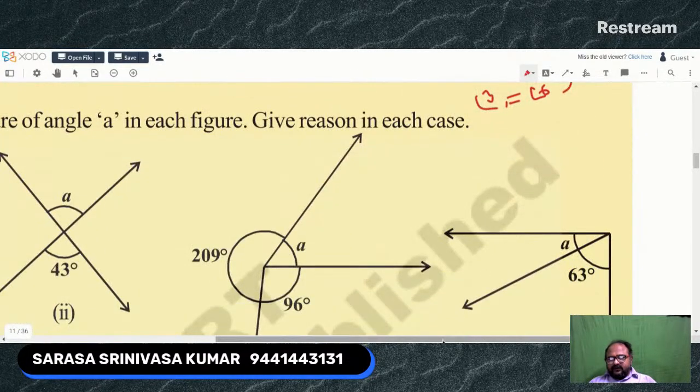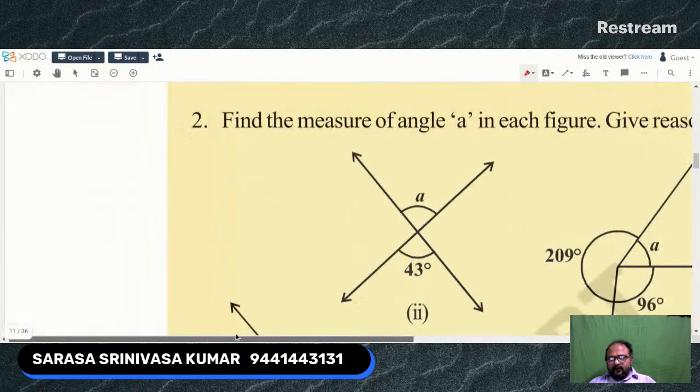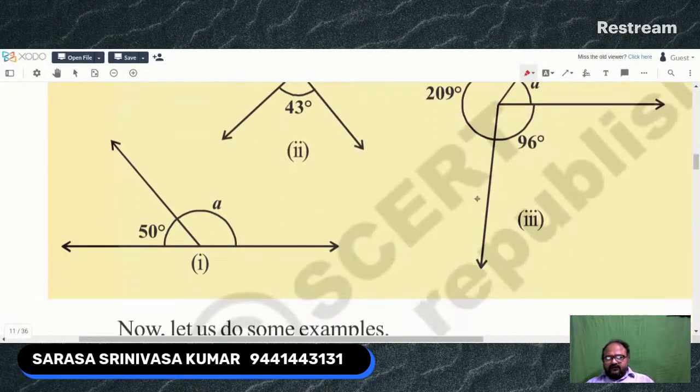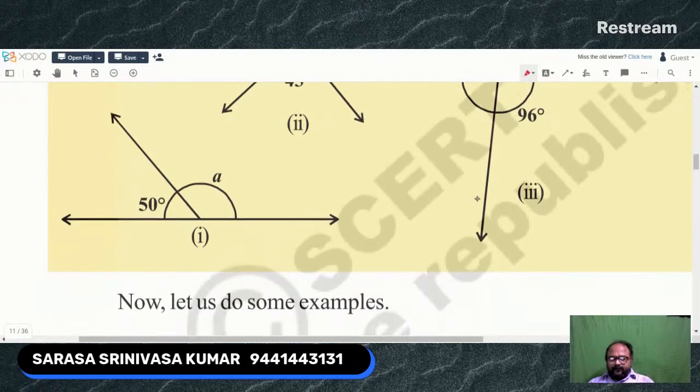Now let us consider another problem. Here in the second diagram, so let us consider the first diagram. Here 50 degrees and A. These two are a linear pair of angles.